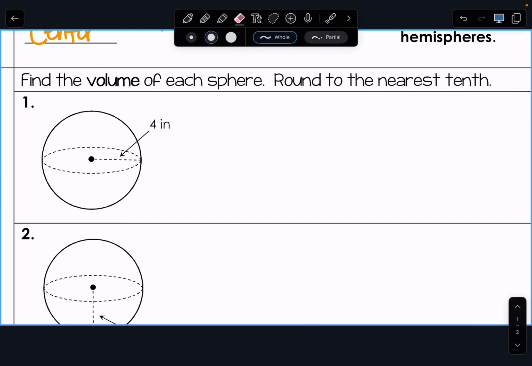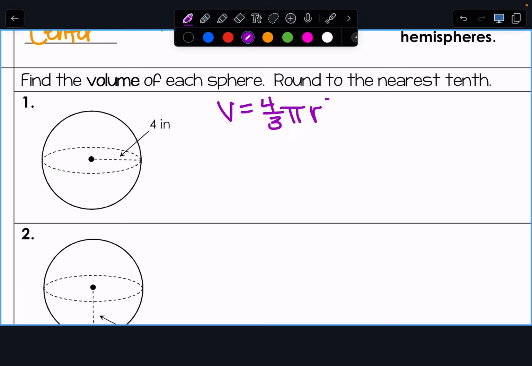In number 1, the first thing I want you to do is write down the volume of a sphere formula. Anytime you do a problem, I expect you to write down the formula that you are using. On our test Thursday, there will be problems where you get a point for writing down the formula, a point for showing your work, a point for the right answer.